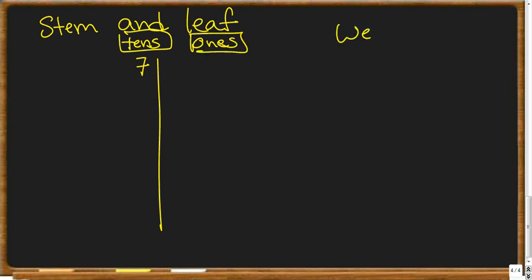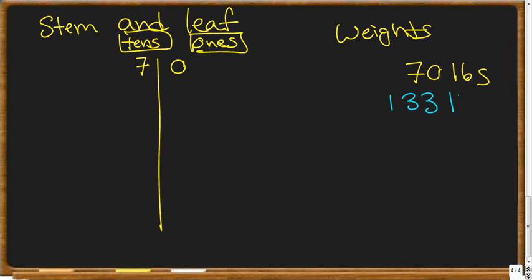We're going to measure weights. Well, a 7 here and a 0 here corresponds to a weight of 70 pounds. Okay? Well, if we had, let's say, 133 pounds, where do we put that? Well, we would have to go, and this is making 80, a 90.